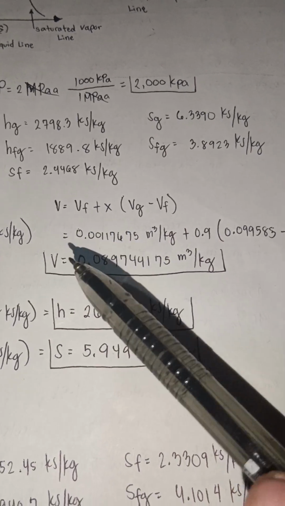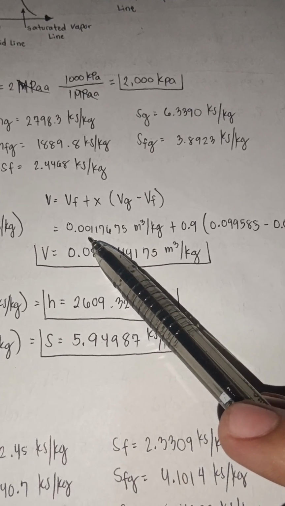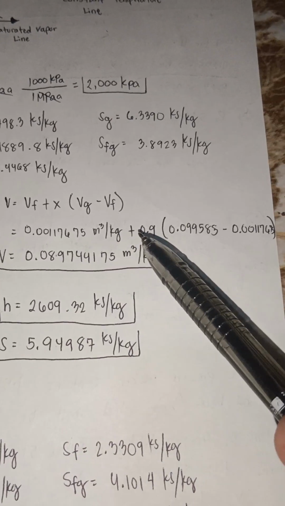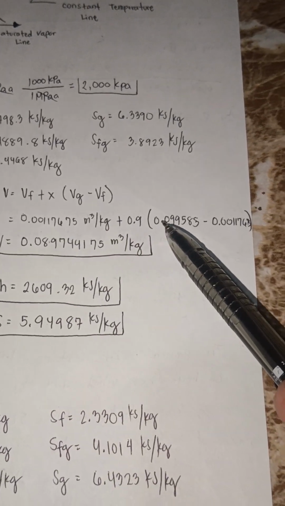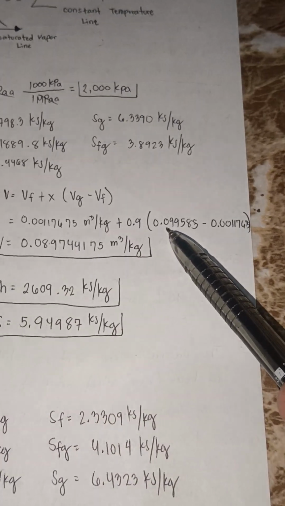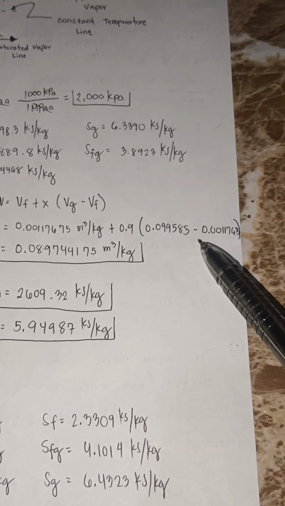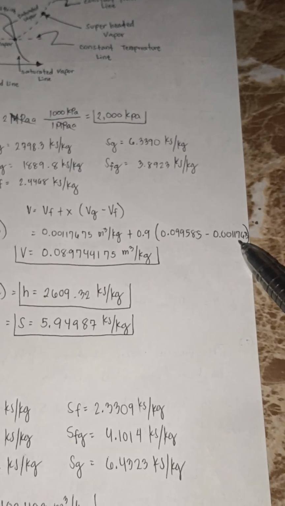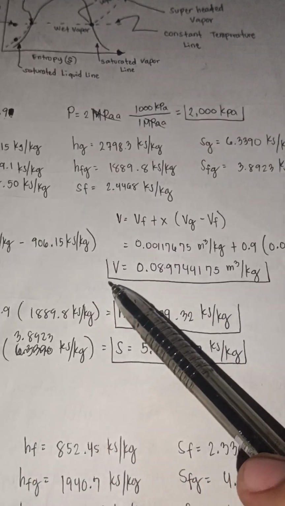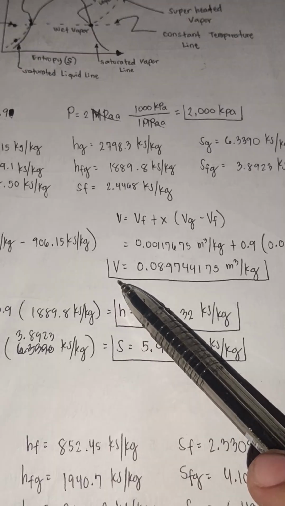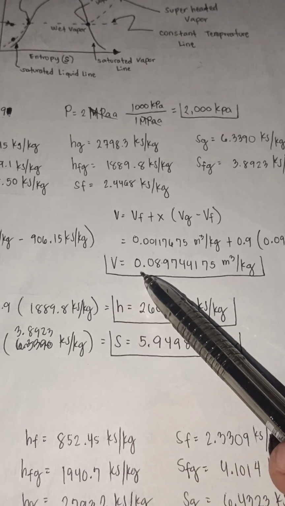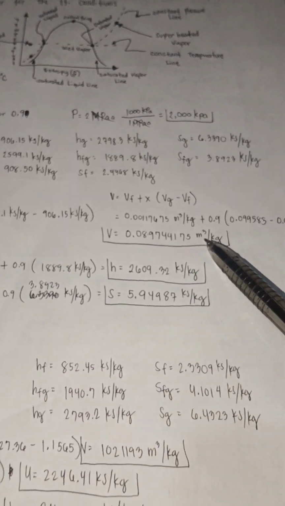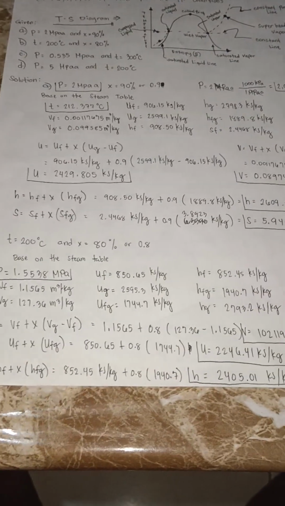Substitute the given values: 0.00117675 cubic meter per kilogram plus 0.9, parenthesis, 0.099585 minus 0.001763. So we will have a volume of 0.0897447175 cubic meter per kilogram.